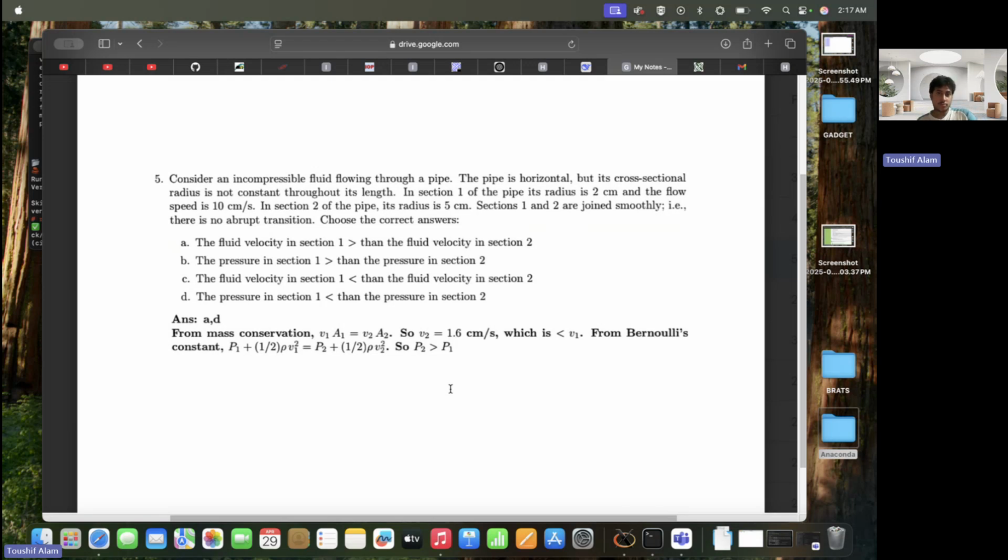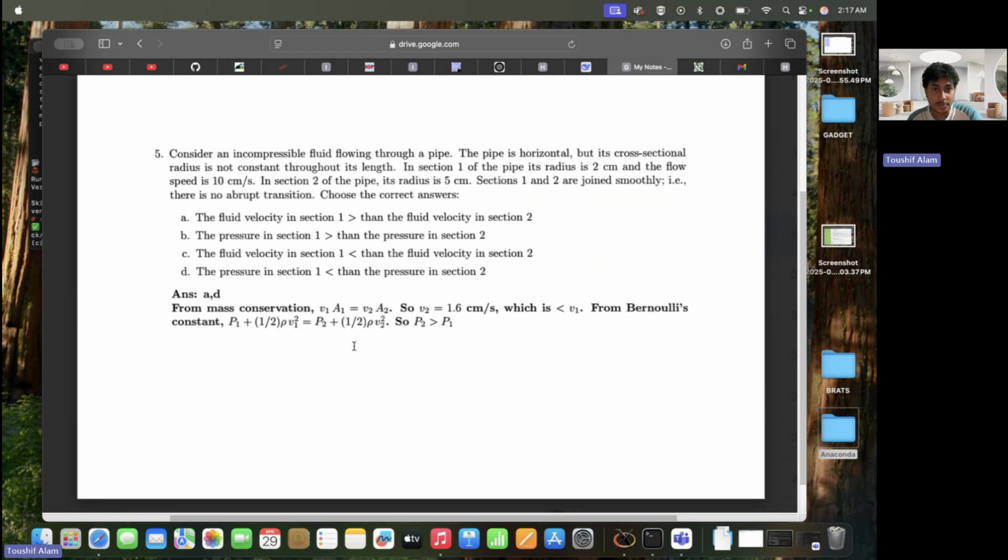So V2 is 1.6 centimeter per second, and that is less than V1, right? So from Bernoulli's equation, since total pressure is constant, we can get that p2 is greater than p1. So options A and D are correct, because the pressure in section 1 is less than the pressure in section 2, and the fluid velocity in section 1 is greater than the fluid velocity in section 2.